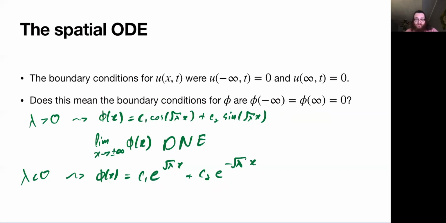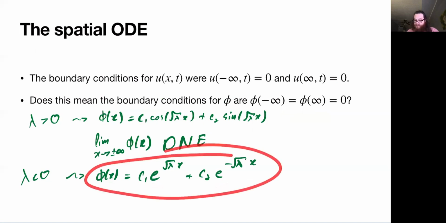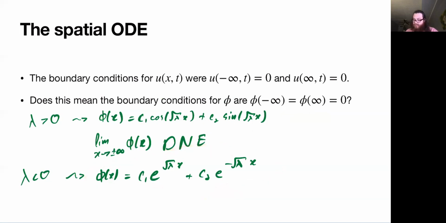The other one is going to tend to infinity. So if you take this linear combination, to impose that we need the limit as you go to minus infinity and positive infinity to be 0, that forces C1 and C2 to both be 0.